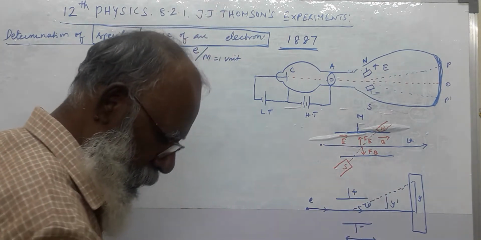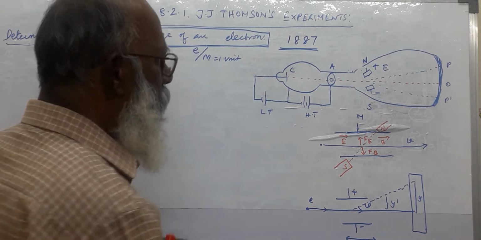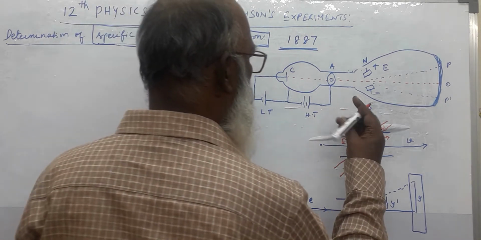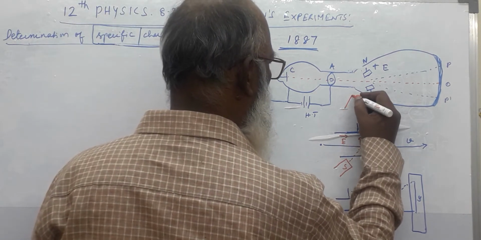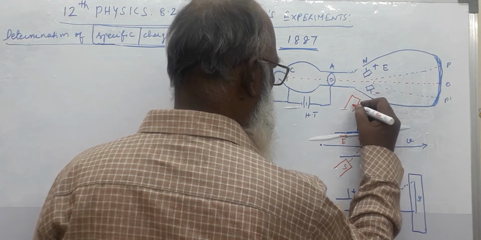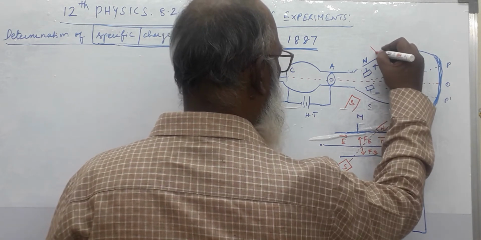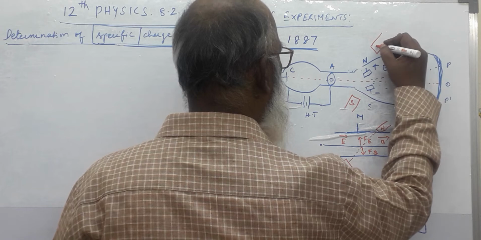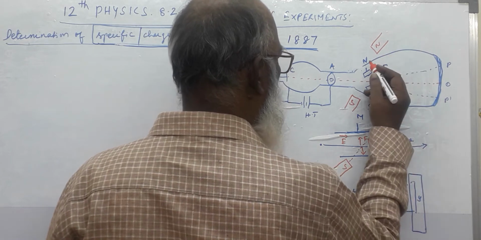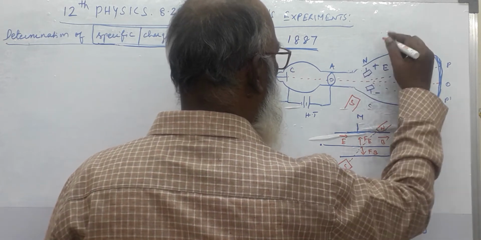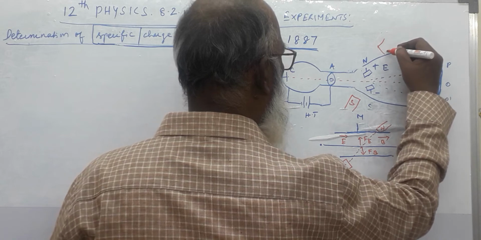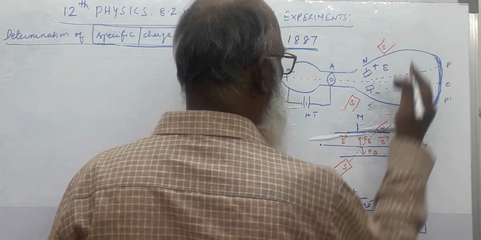It is very easy, but as far as your textbook is concerned, it is very difficult. You put south pole and north pole like this. That's enough to explain the north pole and south pole.